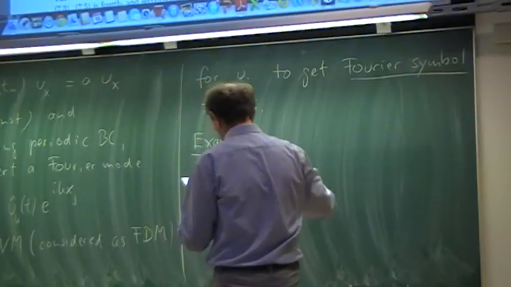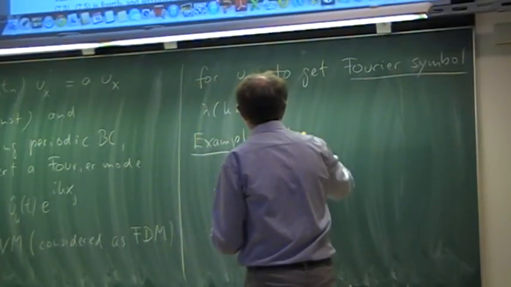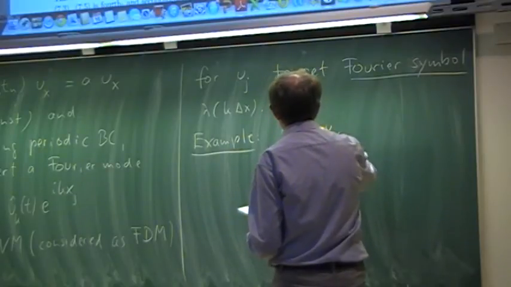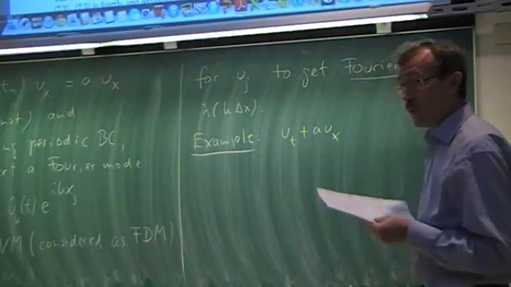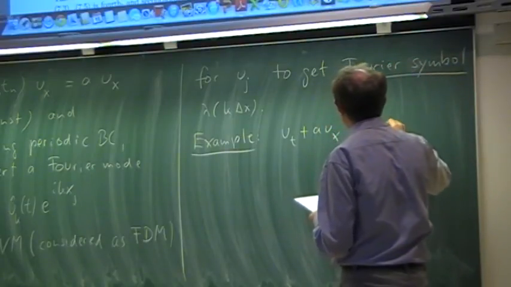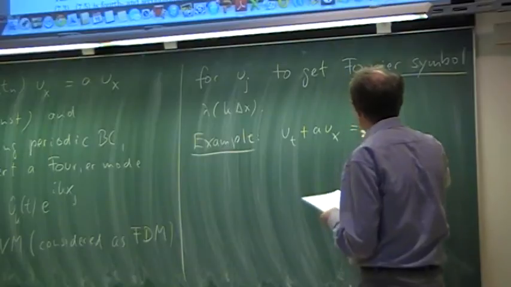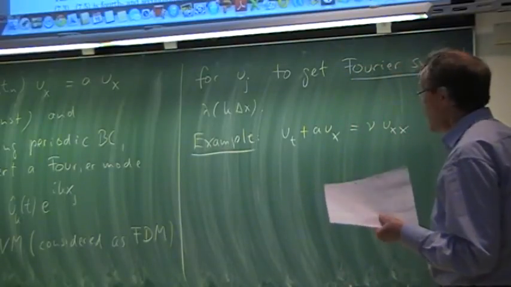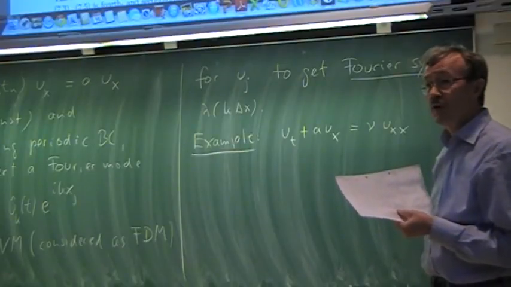And the example is that we look now at the linearized problem. That is, we have here a convection term with a constant a, and we assume even that we have a viscous term with a constant viscosity coefficient mu. So that is an example of a convection diffusion equation.